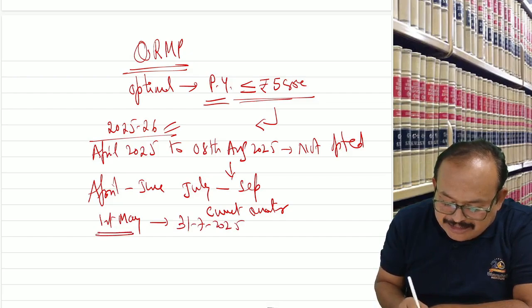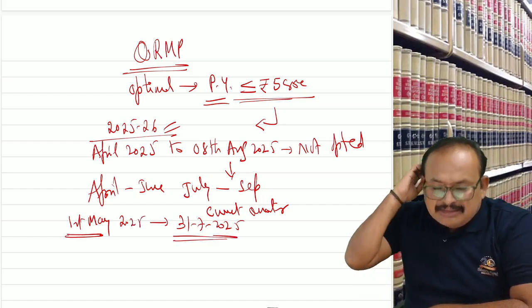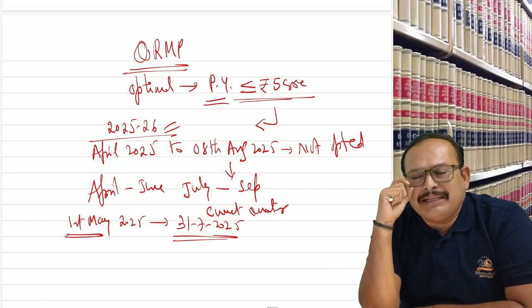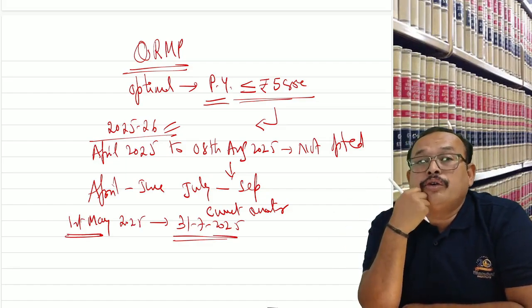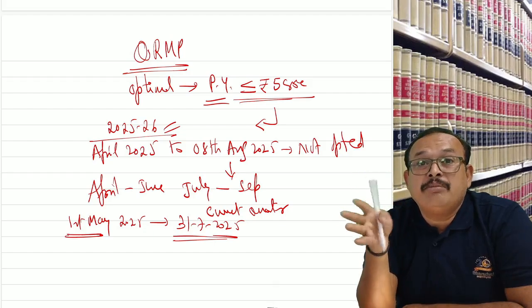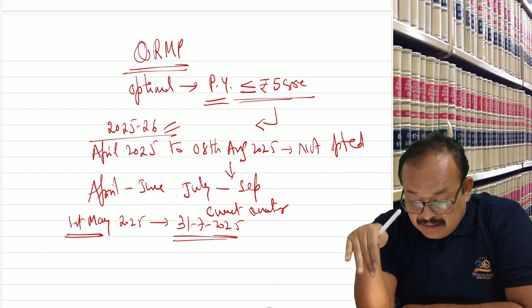From this date to this date you have the time period to choose. Now this time period of 31st July 2025 is over. Therefore, the QRMP scheme is not applicable to me for the August month.